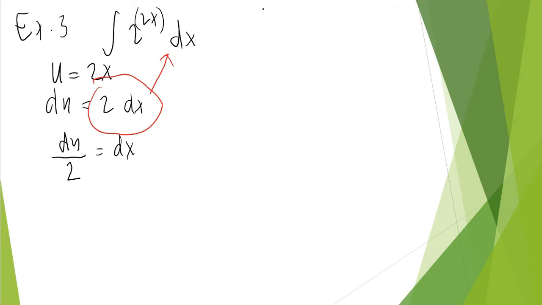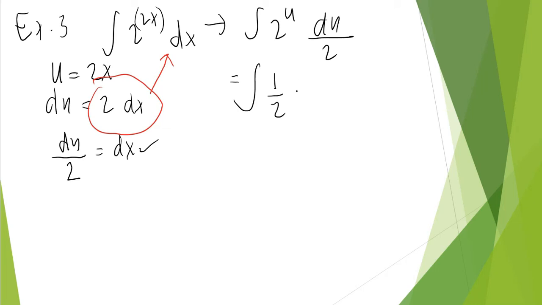We rewrite the original function, this one, 2 raised to u, and then the value of dx as du over 2. And then sabi nga natin, again, rewriting this, hindi pa tayo nag-integrate, na parehas lang din siya, no? This is 1/2 multiplied by 2 raised to u du. And then we place outside yung 1/2.